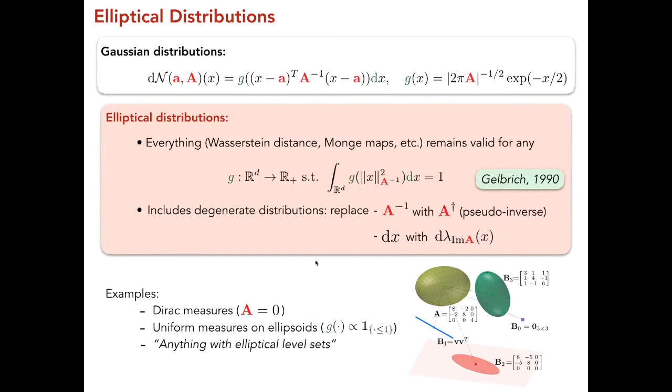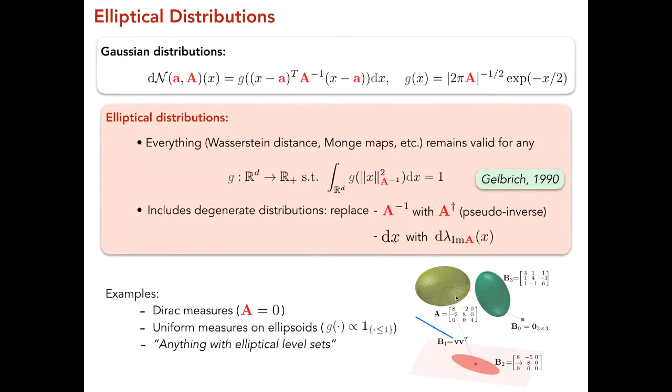And as an example, this means that we can have closed form for the Wasserstein distance between, for instance, Dirac measures, which is just a case where A goes to 0, or uniform measures over ellipsoids that can be degenerate or not. For instance, a segment is an ellipsoid. So essentially anything that has an elliptical level set.